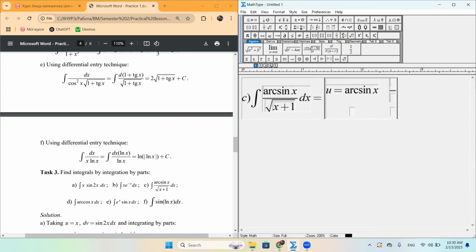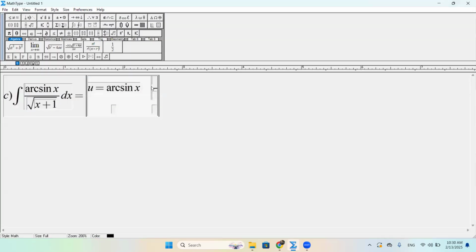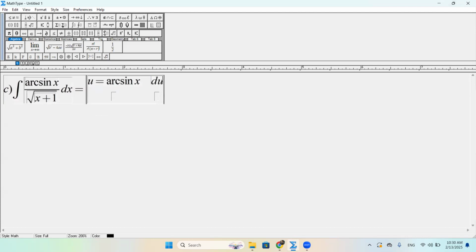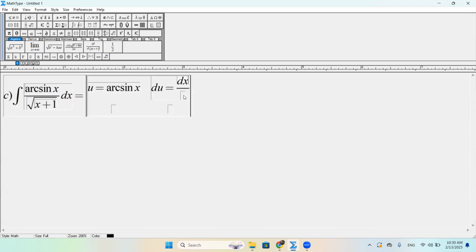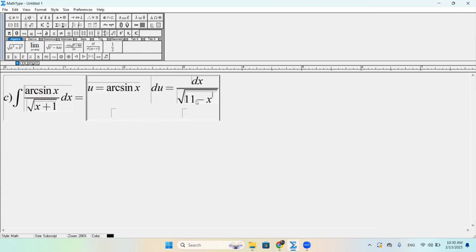So du equals dx multiplied by 1 minus x to the power of 2, under a square root.